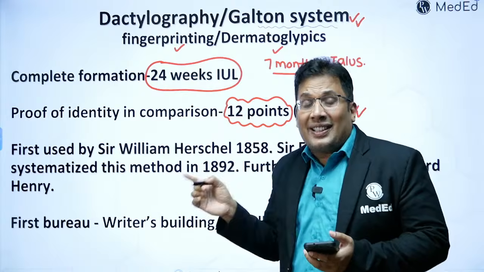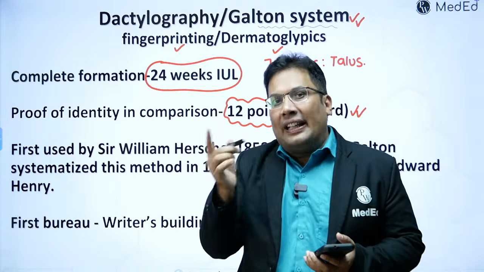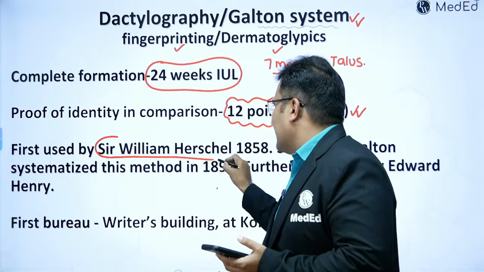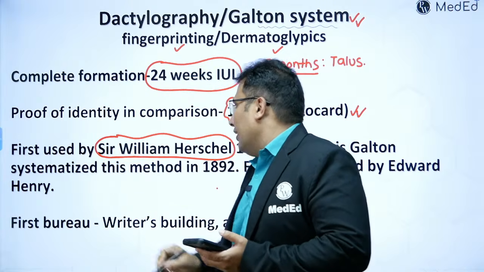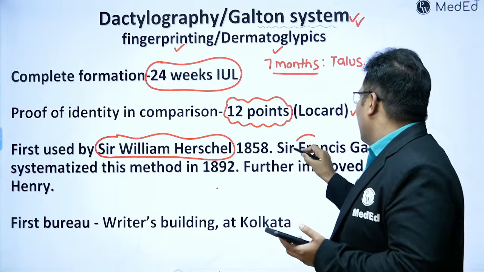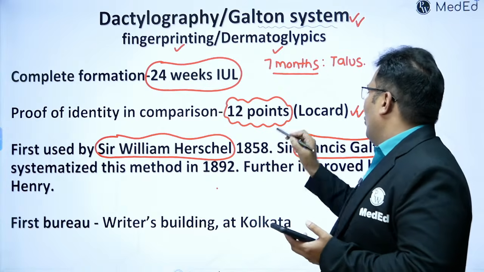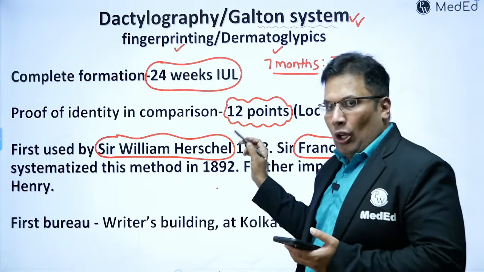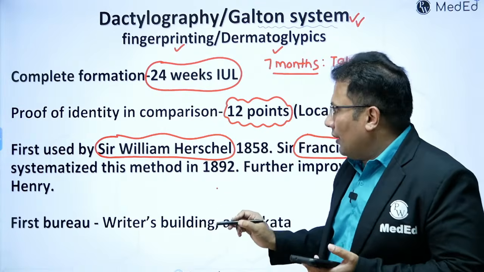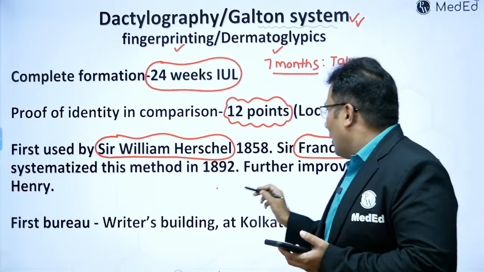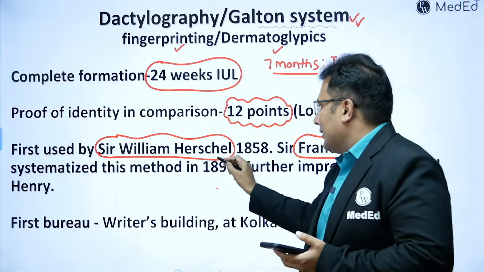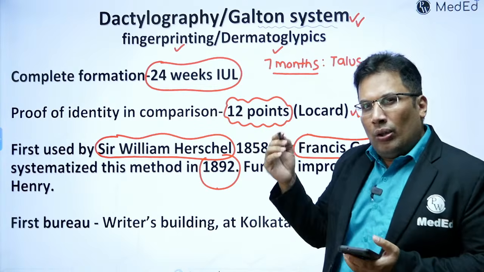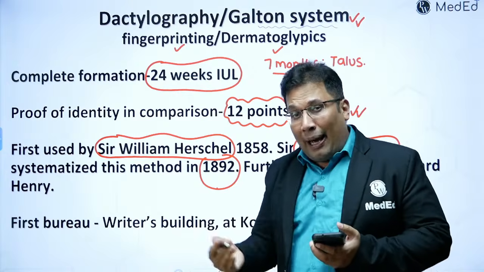Fingerprint was first discovered in India by Sir William Herschel and Francis Galton. Remember the name, very commonly asked university question. William Herschel and Francis Galton, somewhere around 1892, around 150 years back.